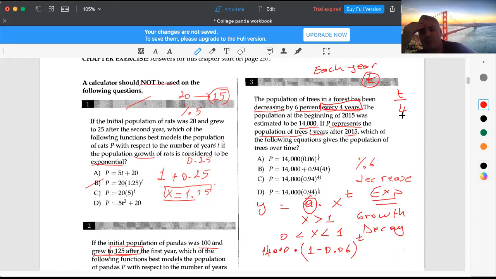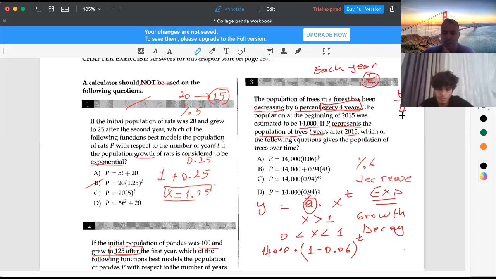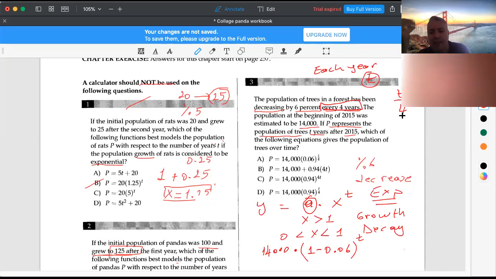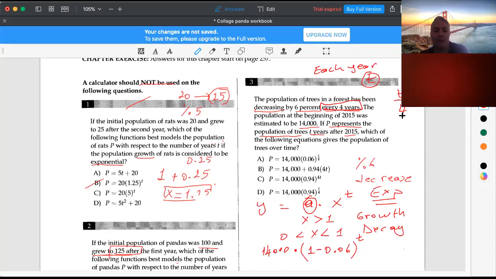We remember last week we talked about the compound interest problem, semi-annually, we said. So it was 2 times a year, similar to this logic. Since this is every 4 years that 6% is changing, that means for 1 year, T over 4 must be in the formula.